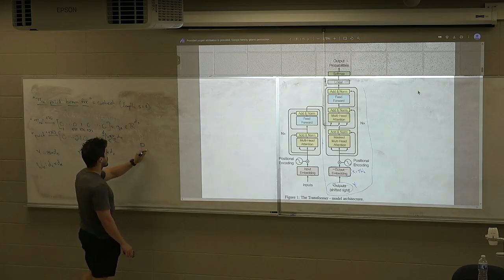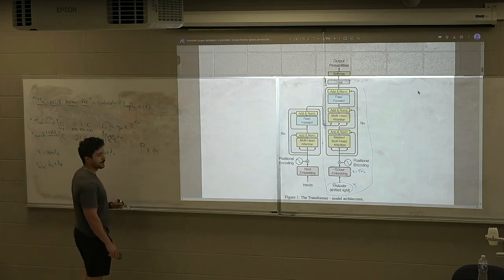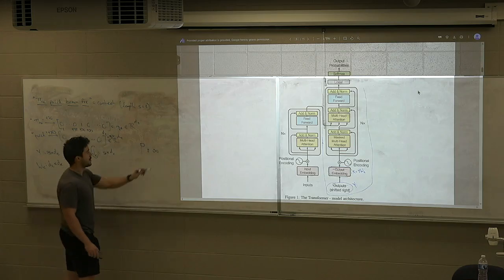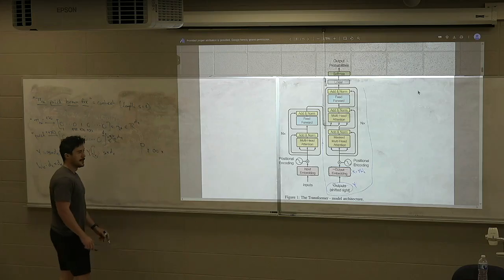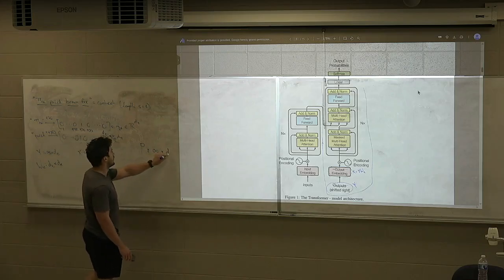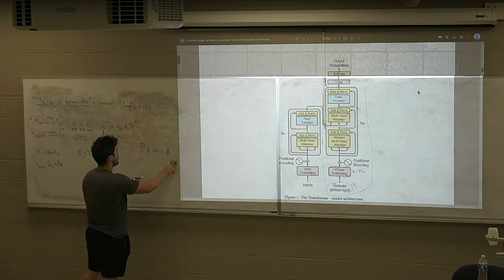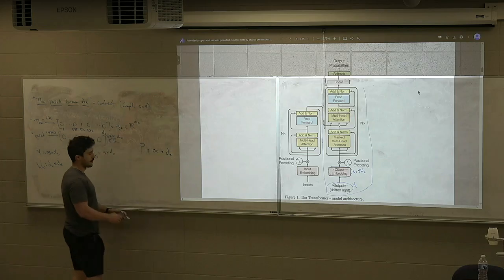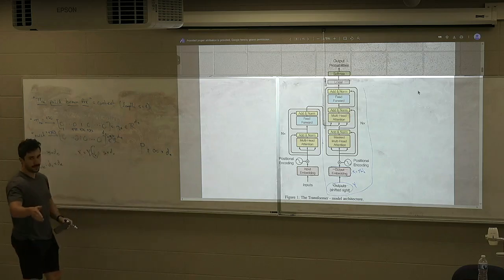P is going to be a matrix, and it's going to be an infinite-row matrix by DE columns. So it'll have a column for every dimension of the embedding space, and it will have no limit to the rows.